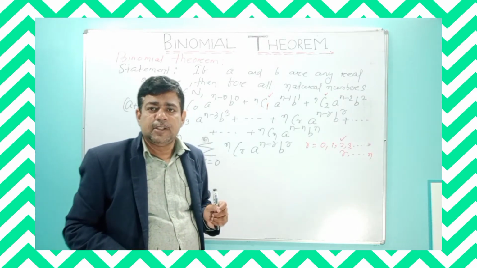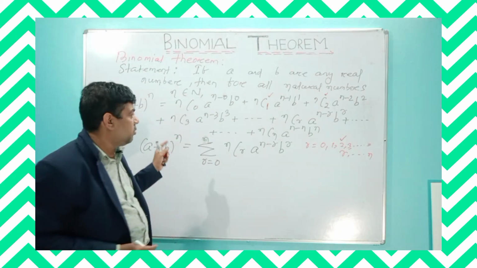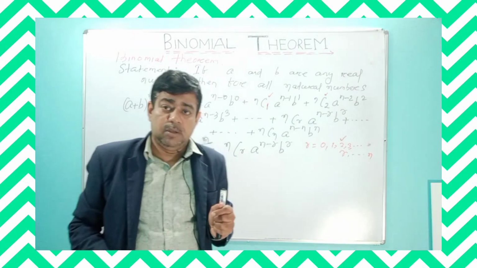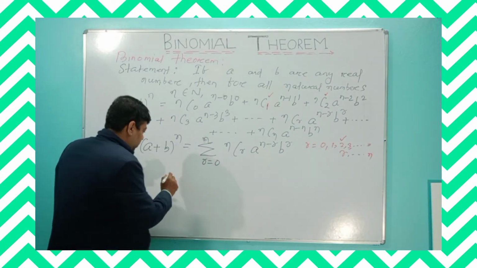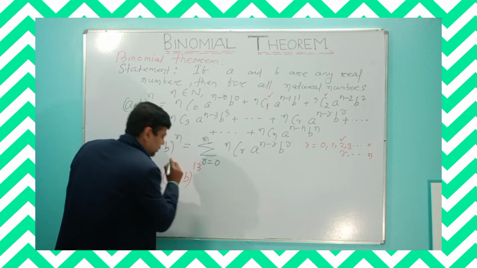So this is one of the most important theorems, where we can expand a binomial to any power. We can find (a + b)^13.